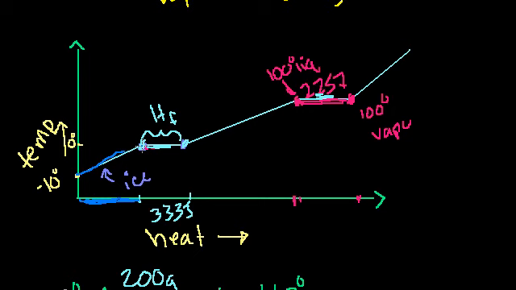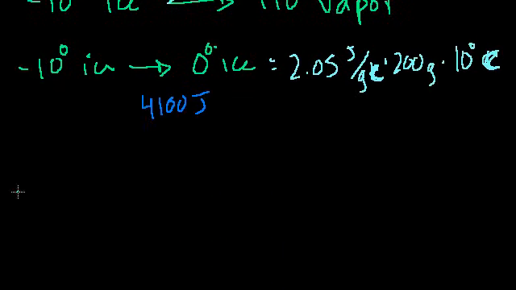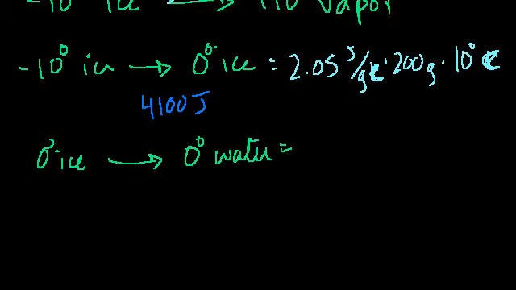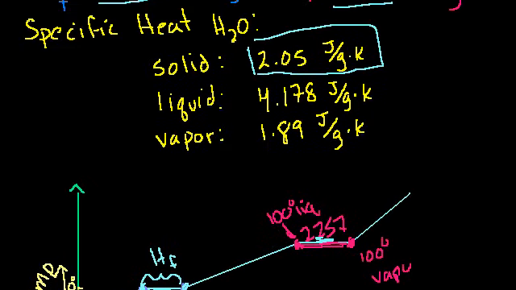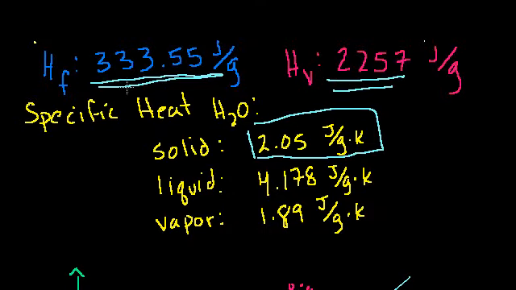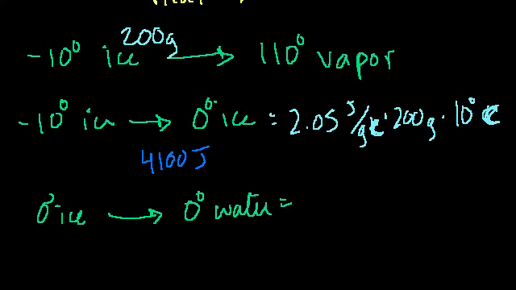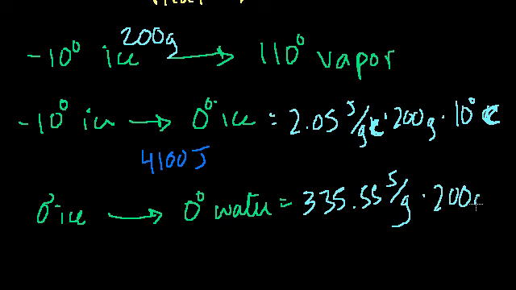Now we have to turn that 0 degree ice into 0 degree water. So now we have to go from 0 degree ice to 0 degree water, and for that we use the heat of fusion. We're adding that amount of heat. So it's 333.5 joules per gram, equal to 335.55 joules per gram, times 200 grams of ice that we're trying to melt.